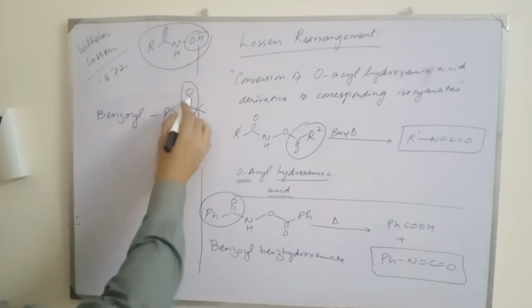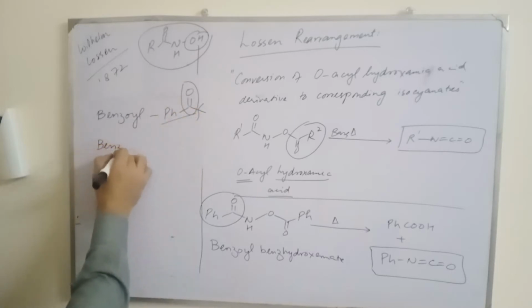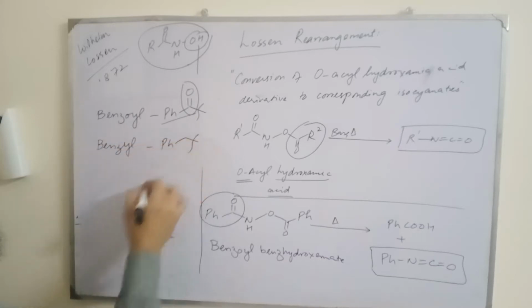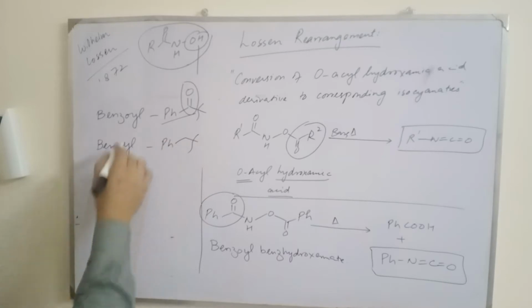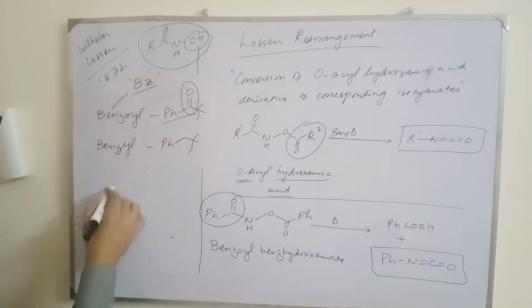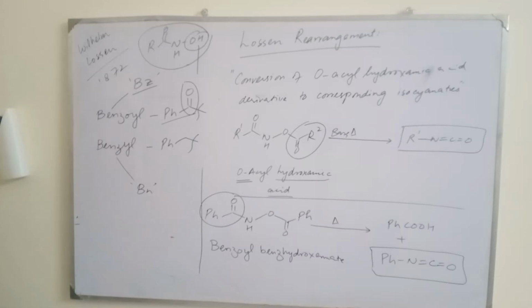The presence of this group is mandatory. And the benzyl group is this one. This is benzyl. This is abbreviated as Bz, and this is abbreviated as Bn. So we should know the difference.